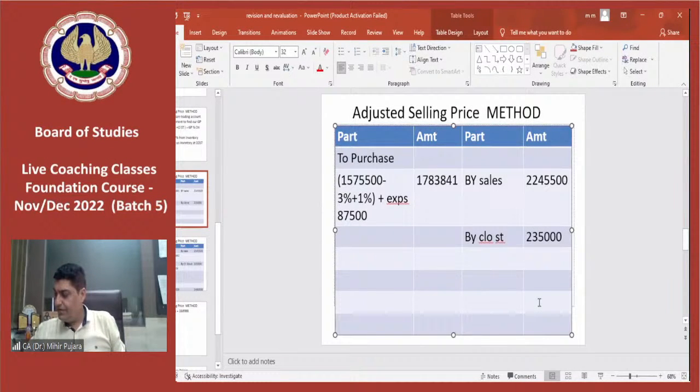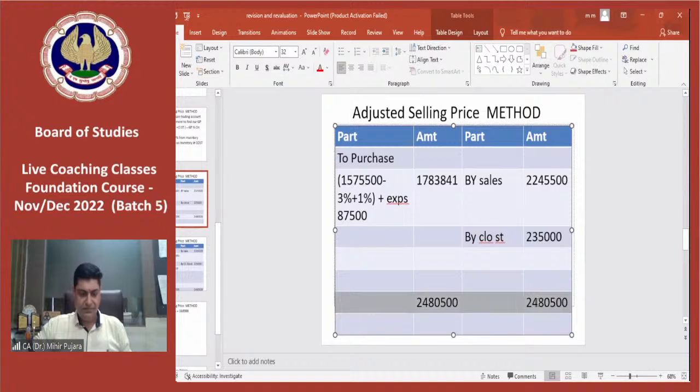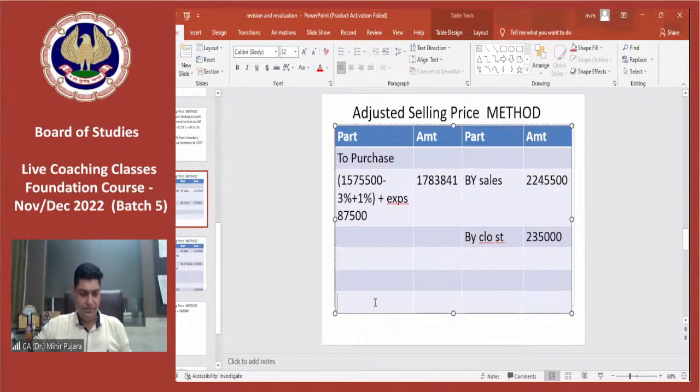So total will be like this. By GP, guys. Simple, guys.